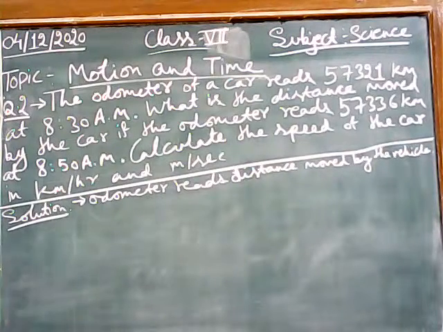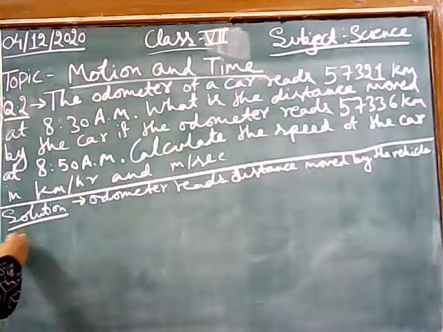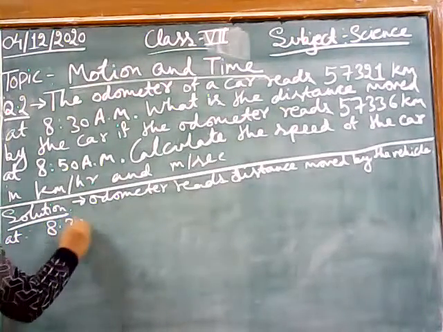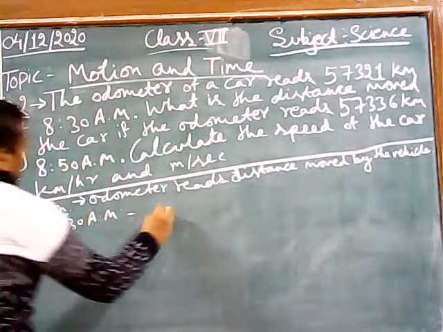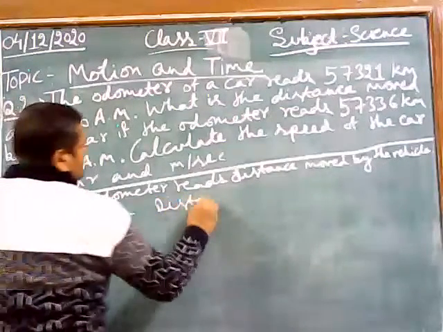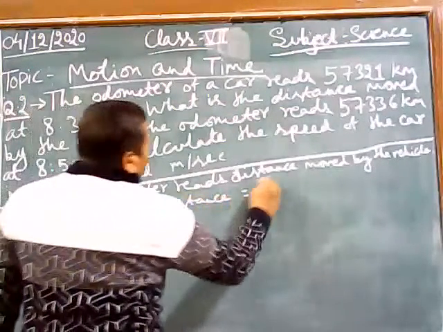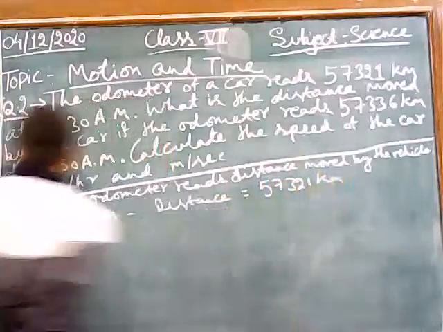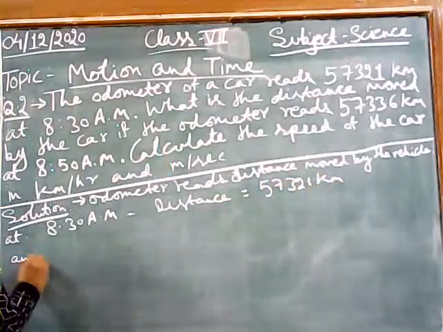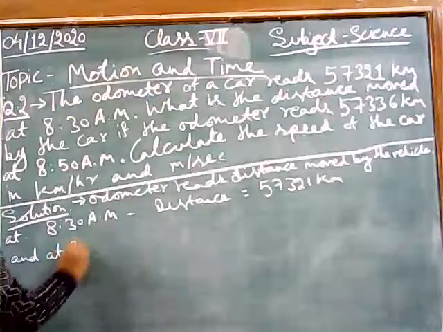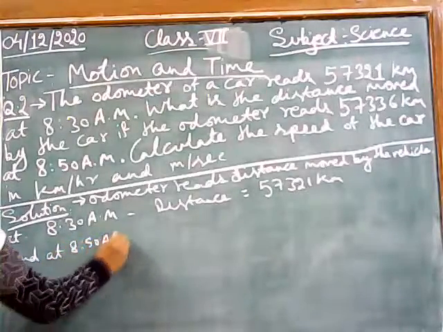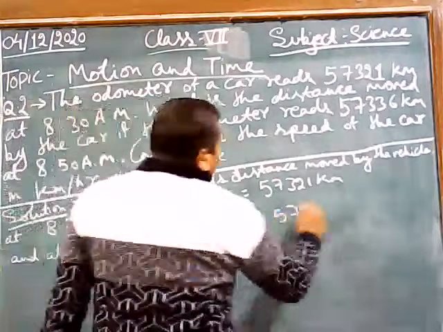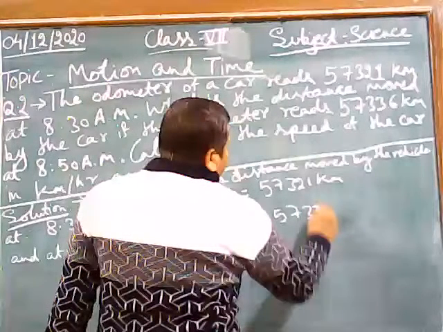So at 8:30 a.m. distance is equal to 57321 kilometer, and at 8:50 a.m. distance is equal to 57336 kilometer.